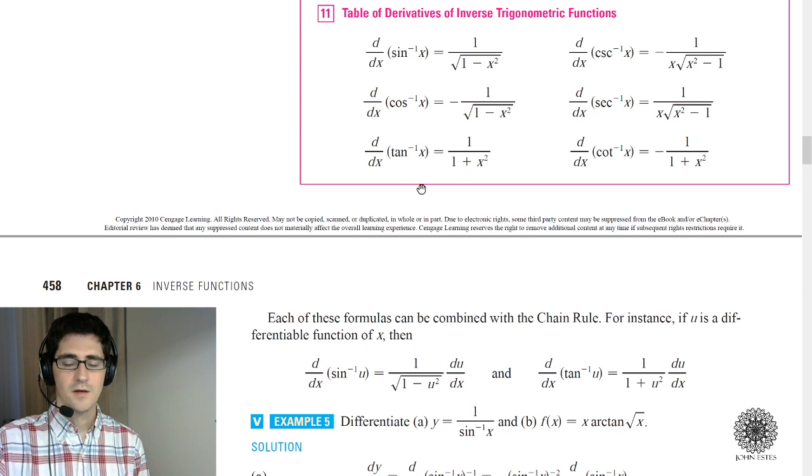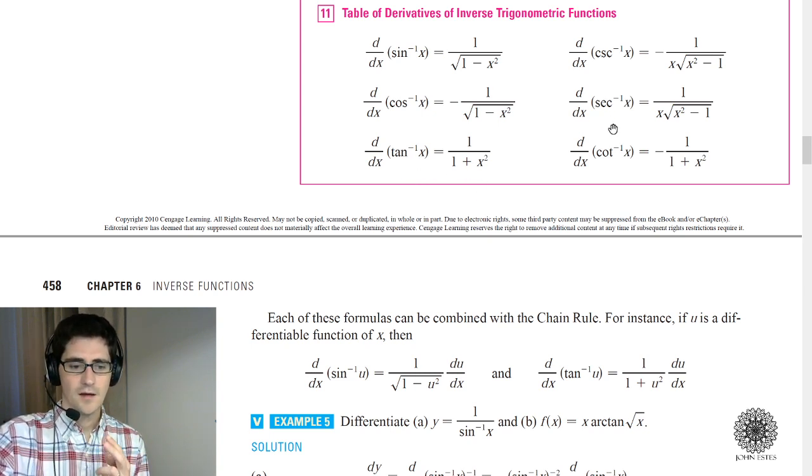Now, from there, notice the cofunction relationship. So tangent inverse and cotangent inverse derivative are the same thing, except the cotangent one's negative. Same with sine and cosine inverse. Same with arc cosecant and arc secant. Arc secant is 1 over x times the square root of x squared minus 1.